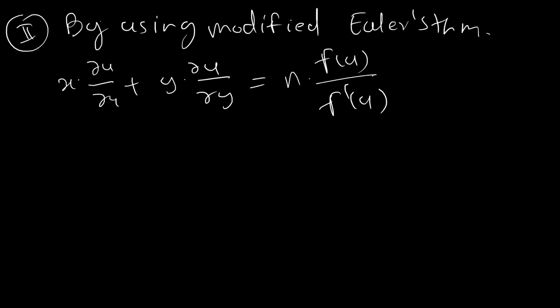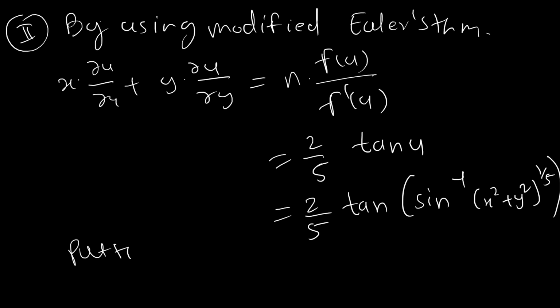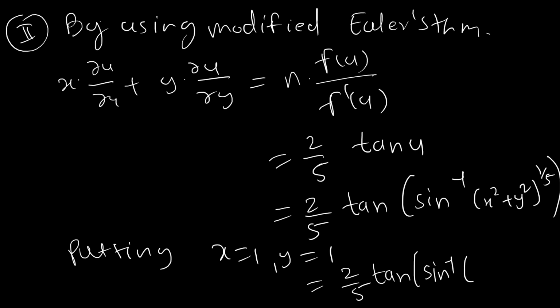So we have seen that this term is 2 by 5 tan u, but what u is, just substitute here. u is sine inverse of (x square plus y square) raised to 1 by 5. So by putting x equals 1, y equals 1, we'll get it as 2 by 5 tan of sine inverse of (1 square plus 1 square), that is 2, raised to 1 by 5. So this is our required answer.